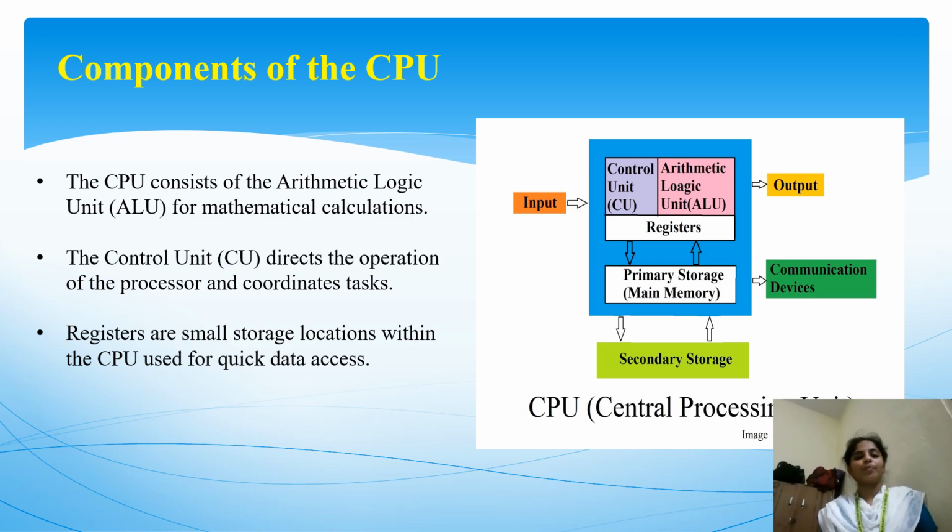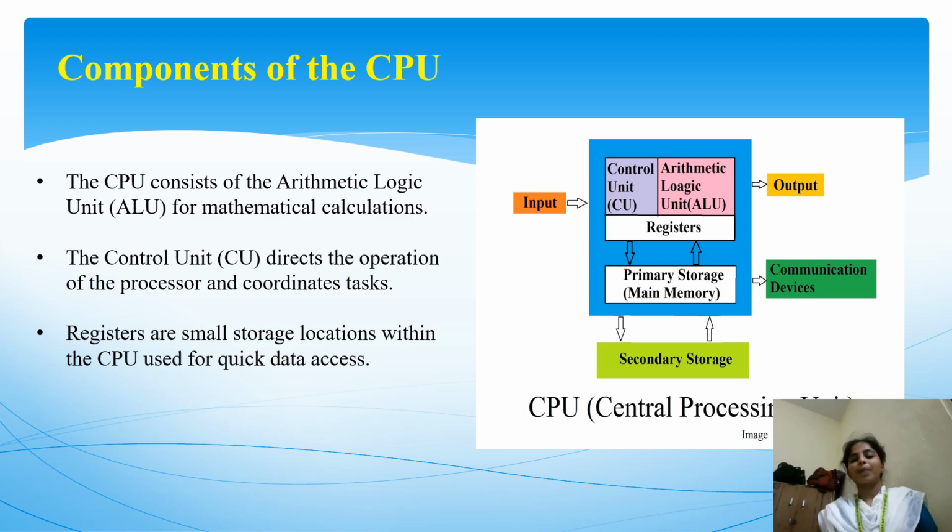Components of the CPU. The CPU consists of the arithmetic logic unit for mathematical calculations, and the control unit, which directs the operations of the processor and coordinates tasks. Registers are small storage locations within the CPU used for quick data access. Suppose a user gives an arithmetic operation, then it goes directly to the ALU.